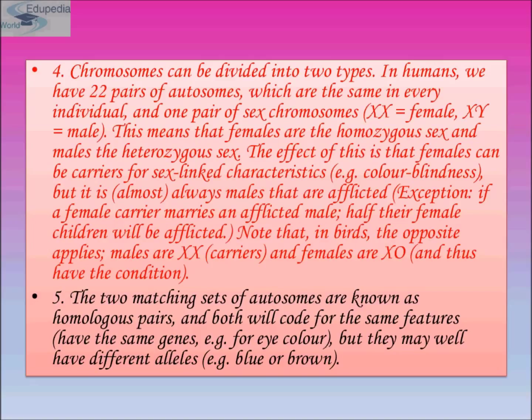The effect of this is that females can be carriers for sex-linked characteristics. I will explain this when we study genetics. The two matching sets of autosomes are known as homologous pairs, and both will code for the same feature, but they may well have different alleles.